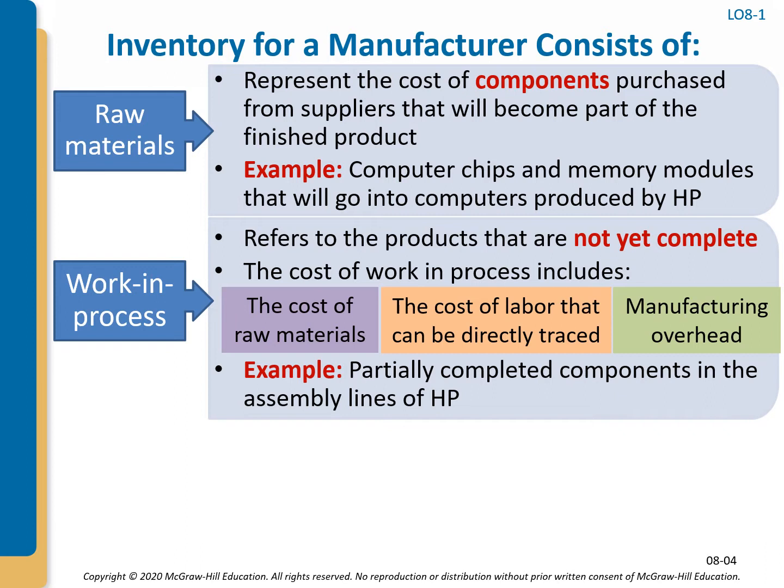So when you have a company that has a plant and an office elsewhere, the overhead from manufacturing at the plant can be billed to inventory, but the one for the headquarters or the office can't. An example of work in process is partially completed components in the assembly line of computers.